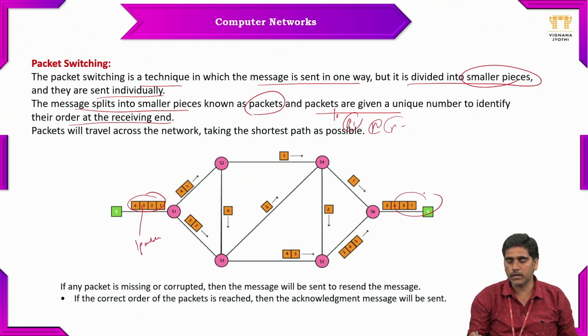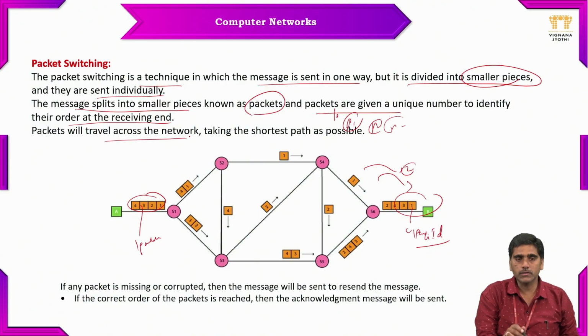On the receiver side, any packet may arrive first or second, so to identify them, each packet has its own unique identifier.